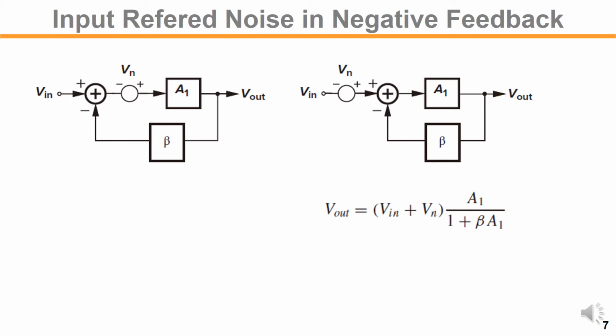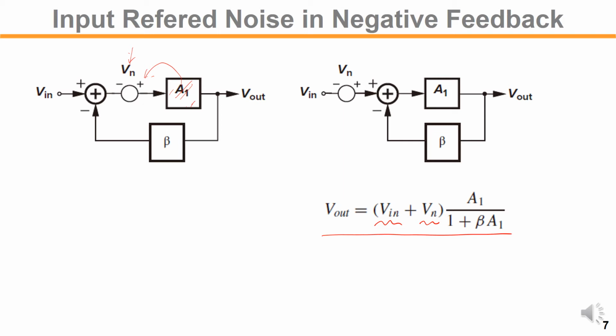The noise is injected here at the input, because all the noise of the amplifier can be referred to the input, right? So once that has happened, the overall closed loop response will be like this. The noise is added on top of the input.